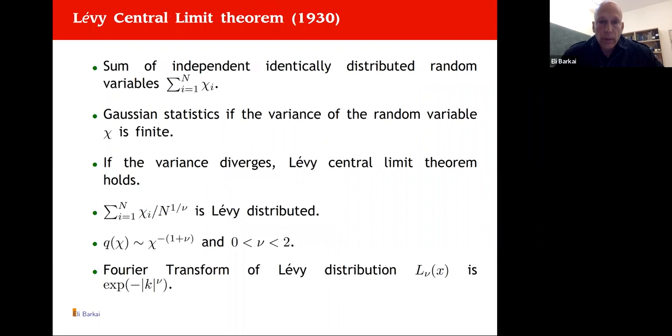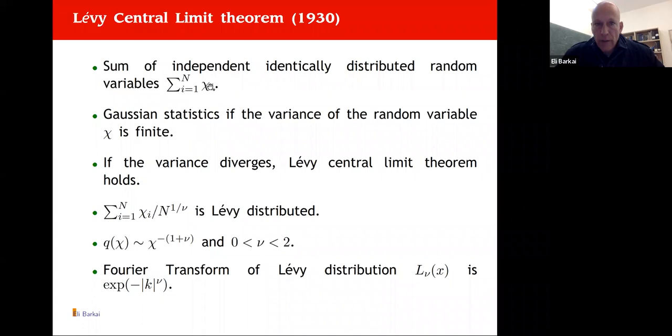So just to remind you and pinpoint the problem that we have with the Levy central limit theorem in the context of this particular diffusion process. Levy, as you all know, considers a sum of independent identically distributed random variables, which I will denote by chi_i. Later, these will be Bessel excursions, but at this moment, these are just IID random variables.